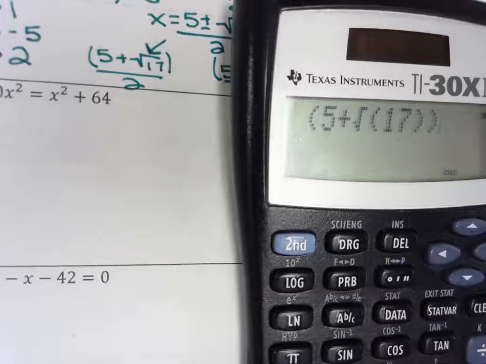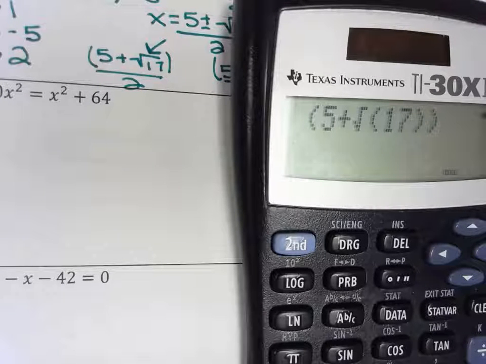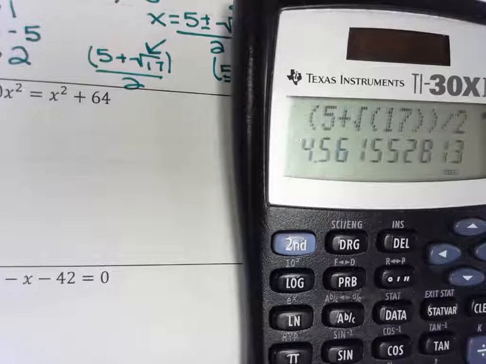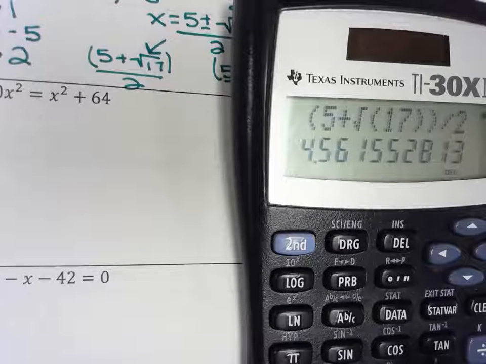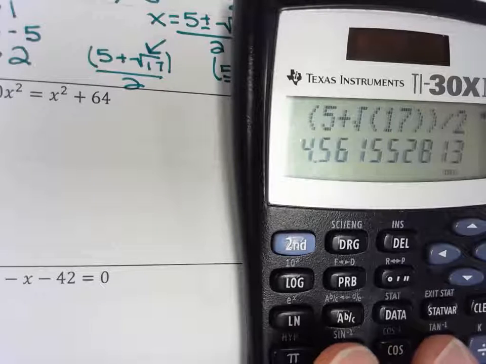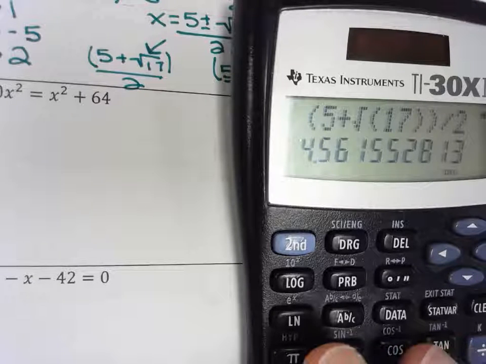So you have to put a parenthesis around the square root part and then another parenthesis to close off the top part. Divided by 2, which is 4.56, rounded to 2 places. 4.56 is what you should get for the first one.